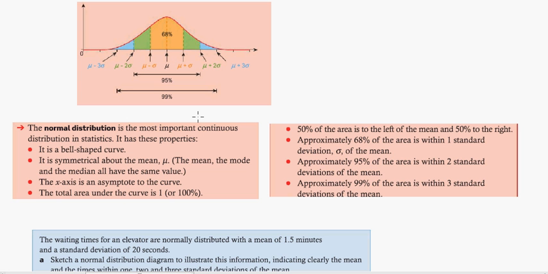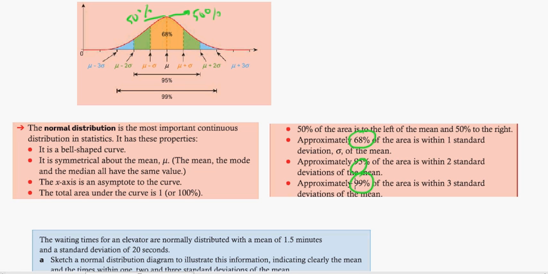The total area under the curve is 100%: 50% to the left of the mean, 50% to the right. That makes sense, doesn't it? Approximately 68% is within one standard deviation, 95% within two, 99% within three.